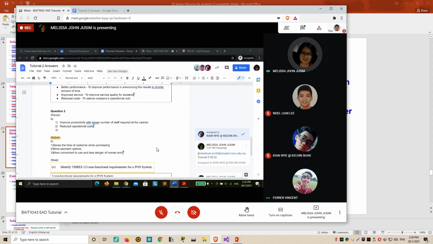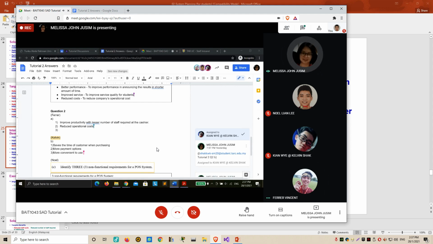In terms of what? Can you give example? You mentioned lesser number of staff in number 1, so there's no need for them to pay additional staff salary. So you can add that one. You need to give example.